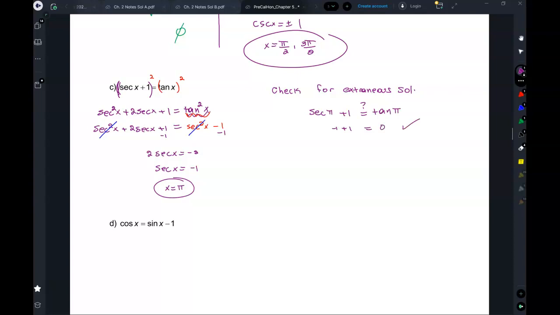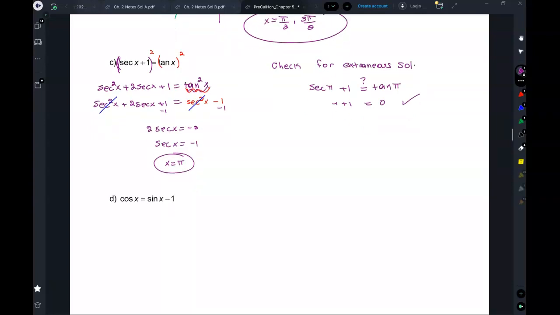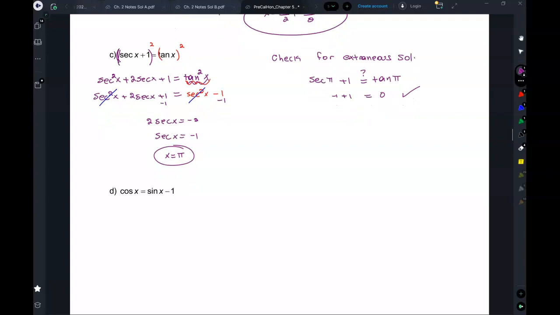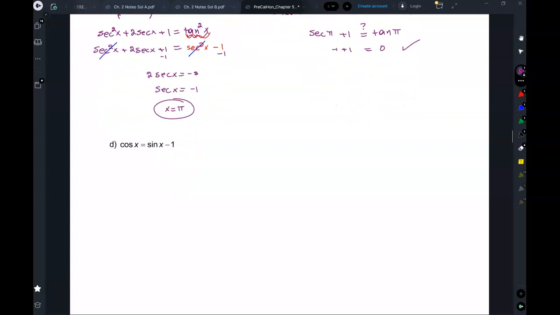So that does work. Okay? If it doesn't match, then the answer is no solution. So, how do we know when we have to check? Whenever you started by squaring both sides, that's when you should check for extraneous solutions.